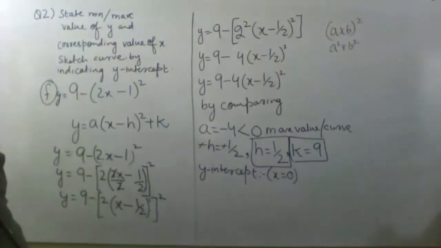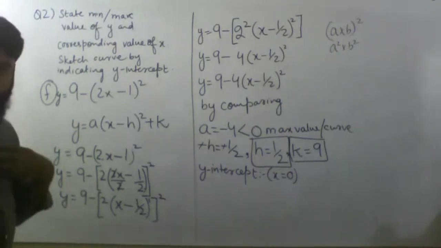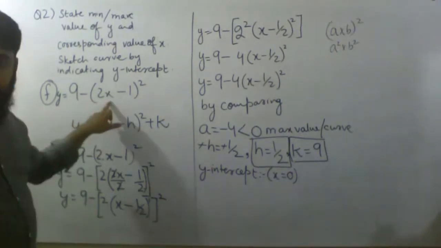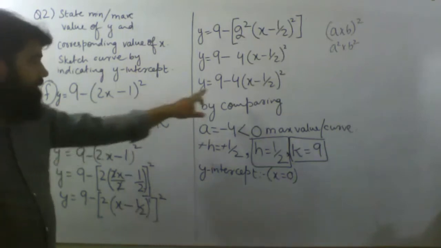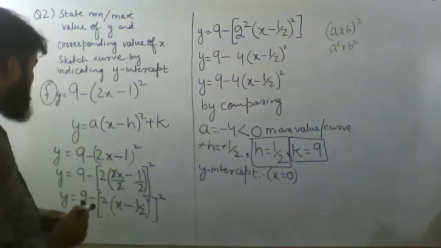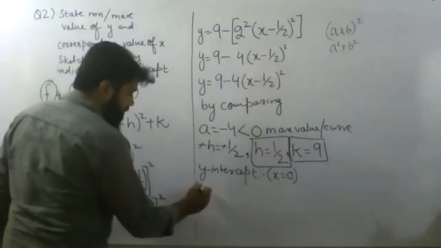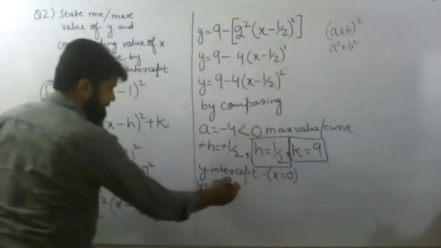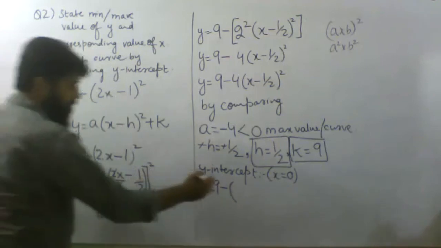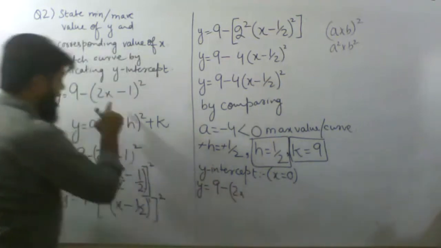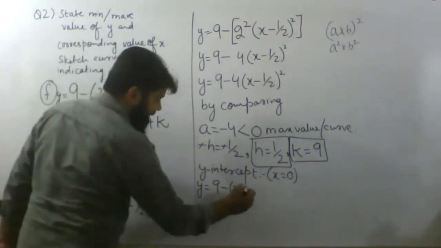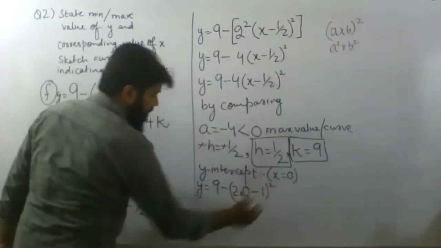It will have no effect on your answer. Just for my ease, I am putting it over here, and then I will put it over here. So you can check. y equals 9 minus 2. In place of x, I will be writing 0 minus 1 whole square.